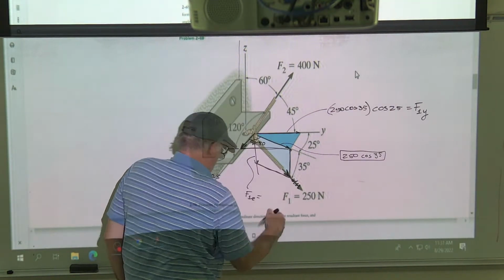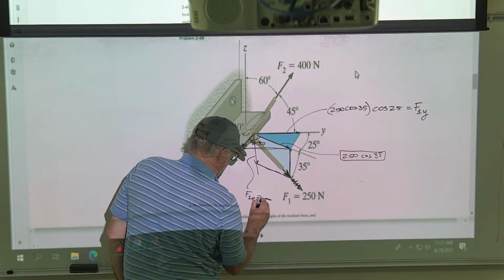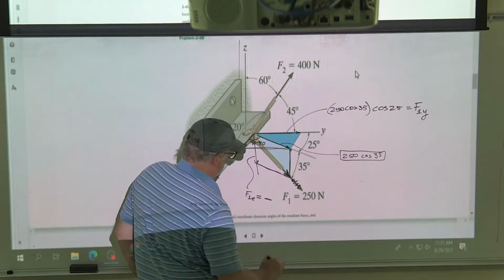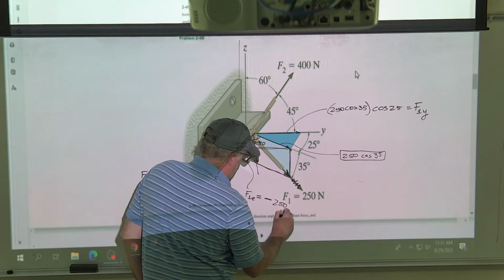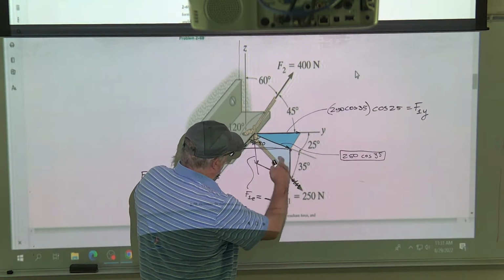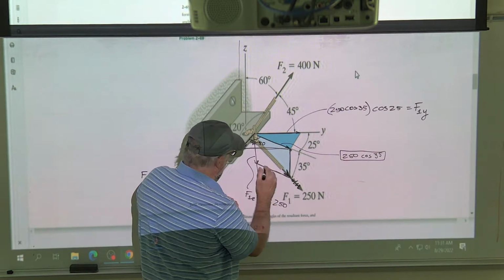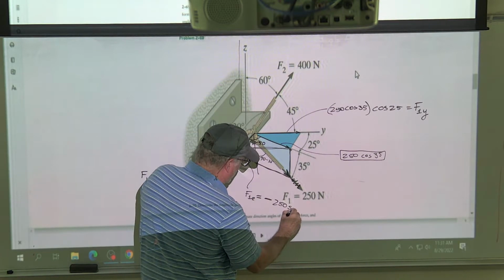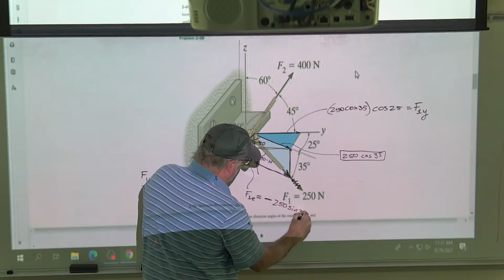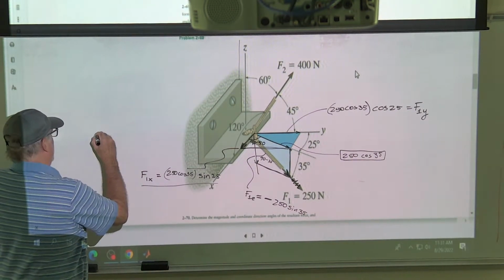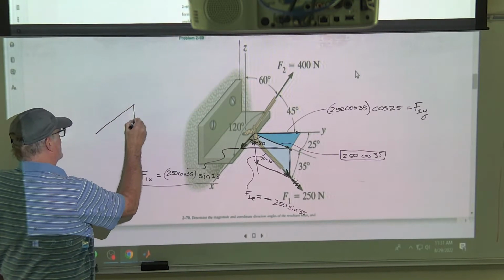It's going down, so I have to make sure I've got that right. And it is 250, and it is not swept through the 35, it is swept through the 90 minus 35. Or you could say sine of 35. In other words, I don't know if this makes sense.